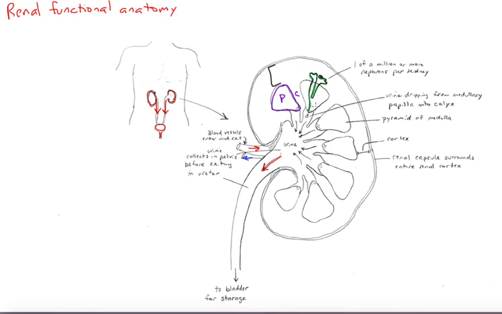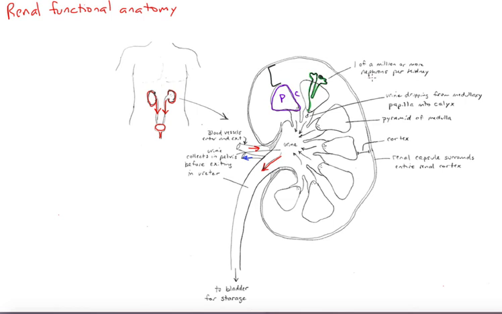And each pyramid would receive the input of thousands and thousands of nephrons, dumping their finalized product, urine, into these open spaces called calyces. The calyces come together to form the pelvis, all open, fluid-filled, urine-filled spaces. And then the urine would drain out through the ureters to the bladder for storage.